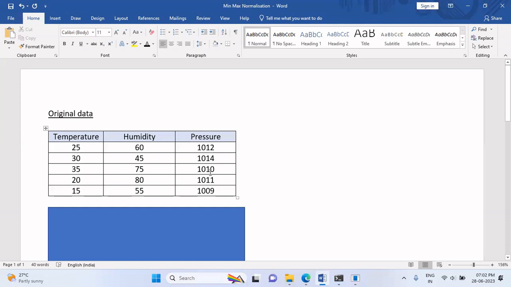So when you feed this data to a machine learning model, it is disproportionate and gives more importance to the pressure value because it has larger values compared to temperature and humidity. So to avoid this, we need to make them into a similar scale. For that, we need to do normalization on this dataset.